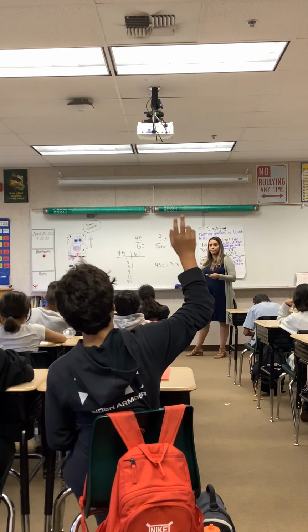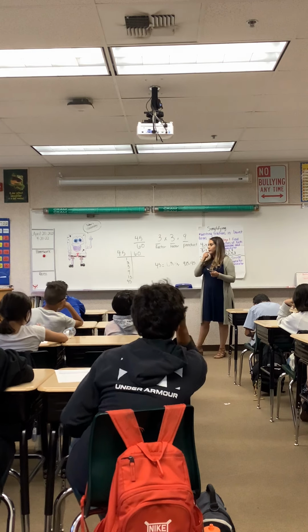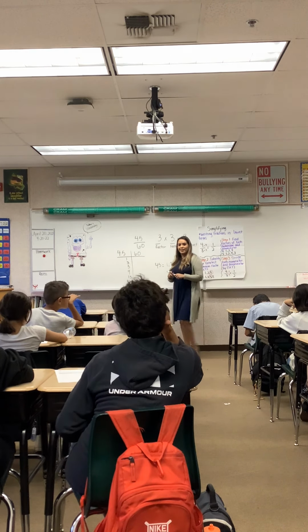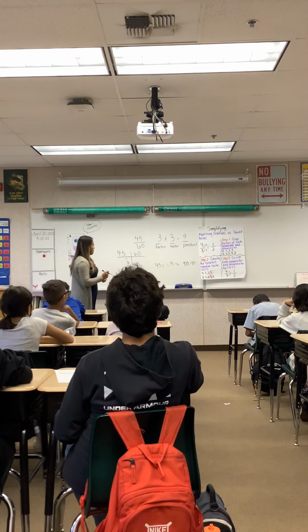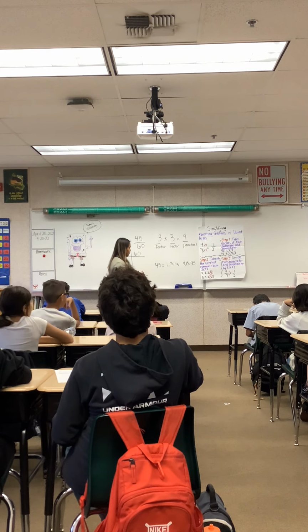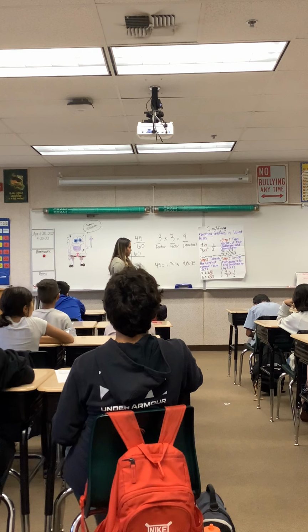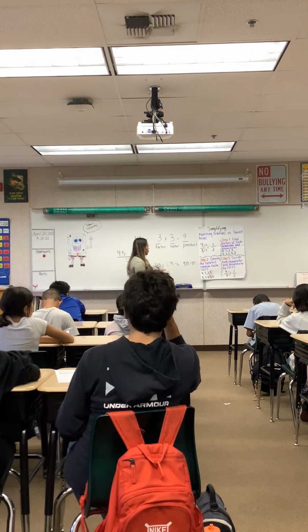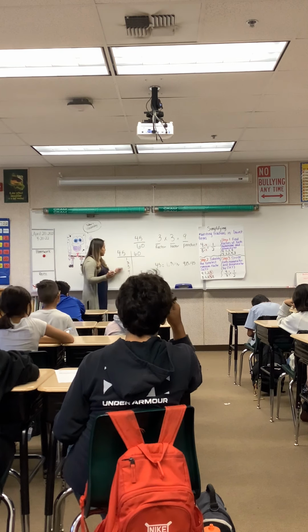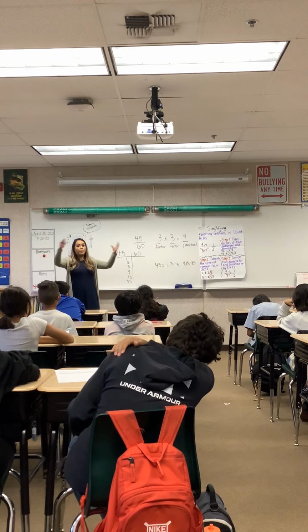Is there another one? You wouldn't want to do 45 because then you can't do 45 times a number to get 60. That's why 15 is the second largest number. Yeah. So first we have to find the factors of each, and then we decide which one's the biggest one.